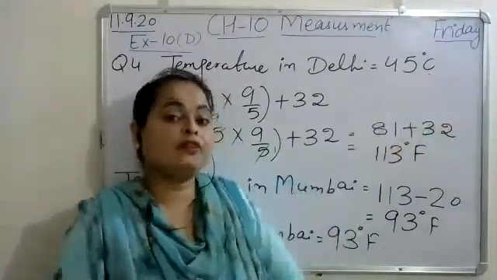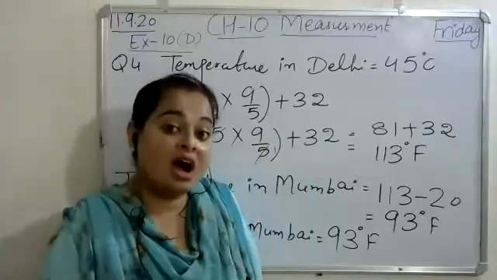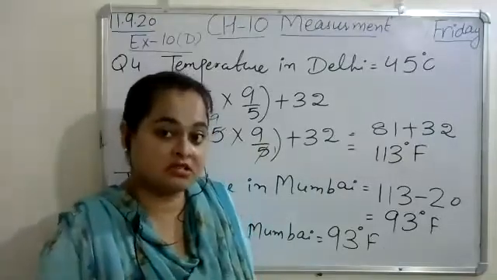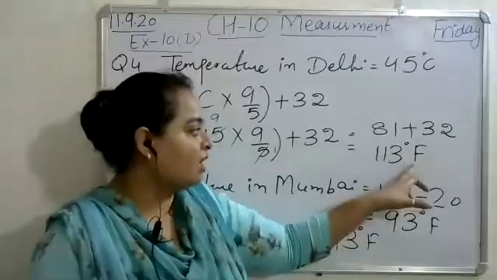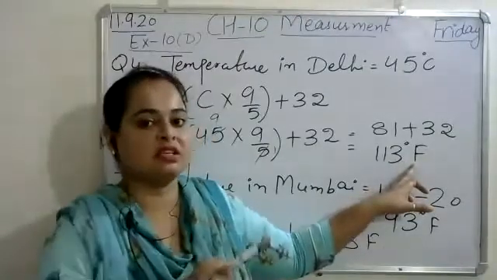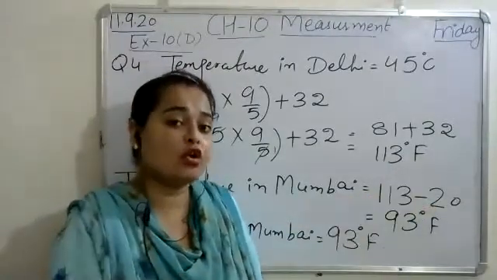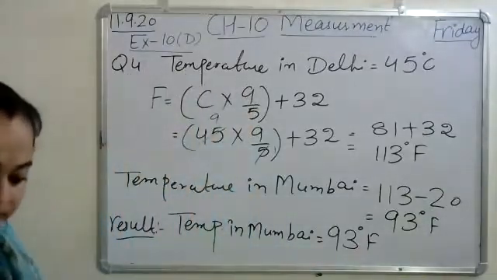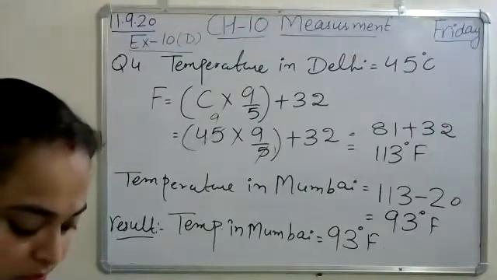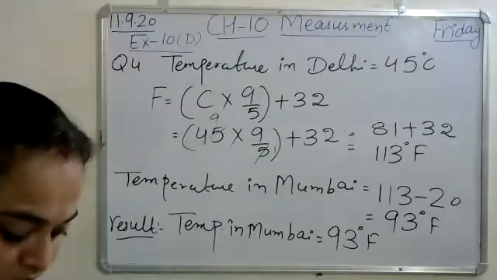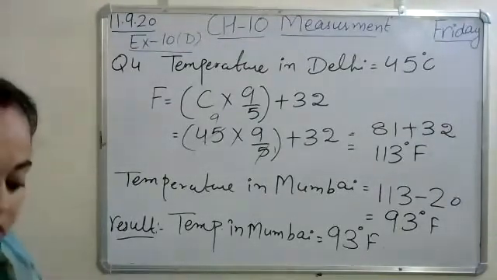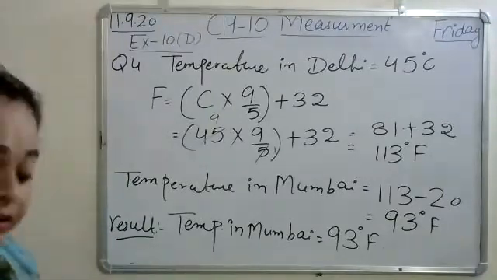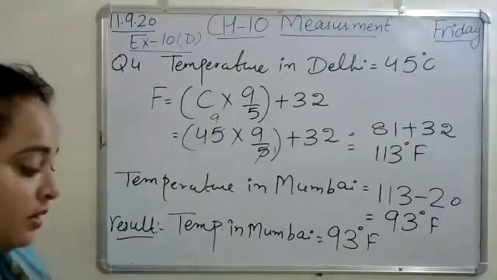But if the final demand is in Celsius, then we will convert Fahrenheit to Celsius. So first of all, read your question very carefully. Note this down, and after that we will start the fifth question.